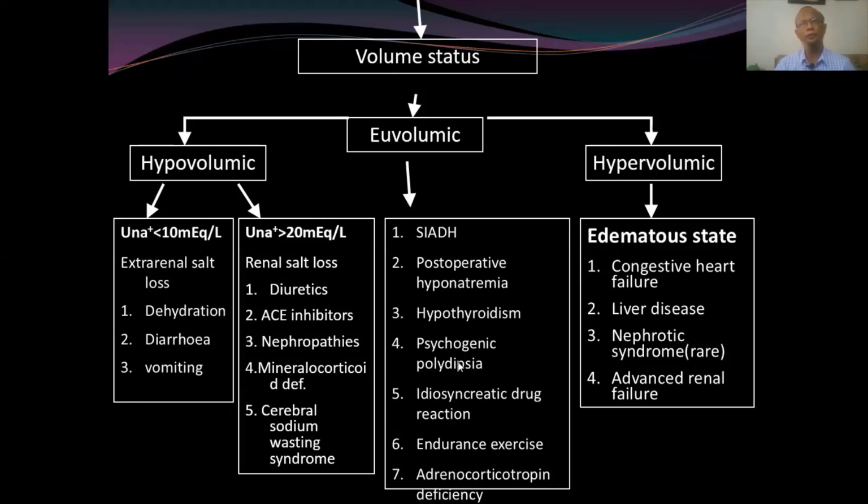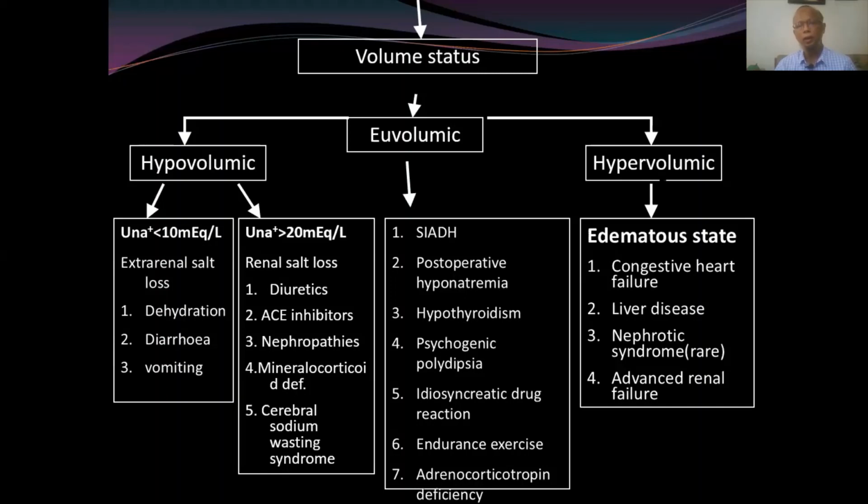Say if a patient is psychogenic, hysteric, and can take more and more water, there you will get euvolemic hyponatremia. Idiosyncratic drug reaction can occur, as well as endurance exercise and adrenocorticotropin deficiency.